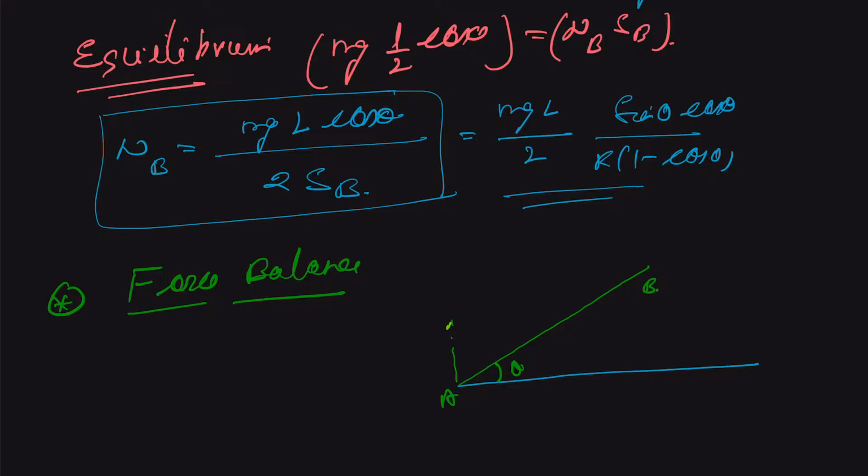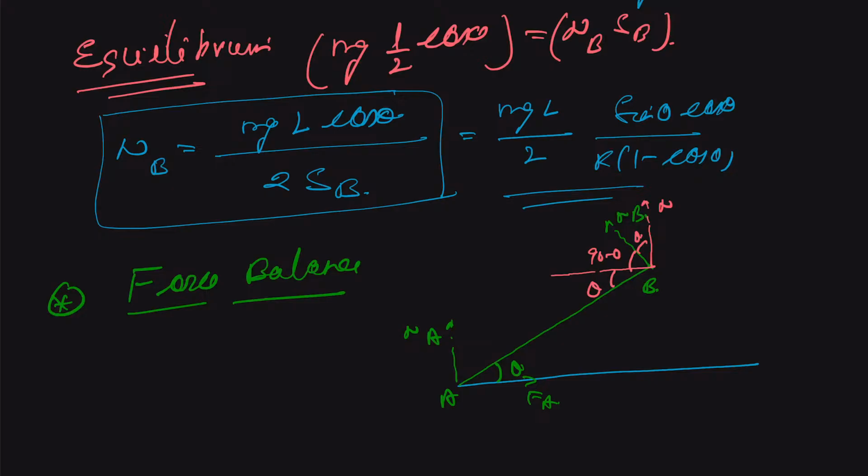So first we have our normal NA and friction FA, and then we are going to have a normal NB, and we can divide this normal NB into two components. So this will be angle theta, so this will be also theta, and we get this as 90 minus theta, and this will be theta.